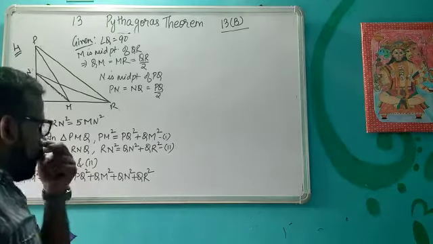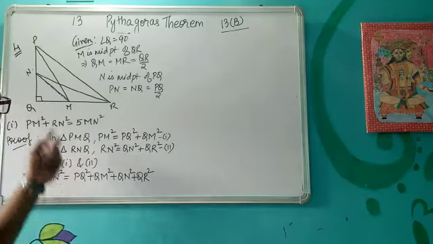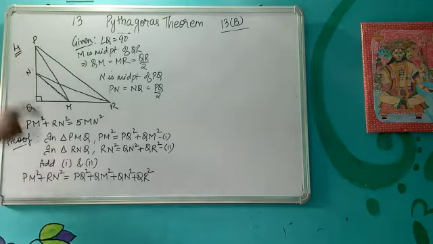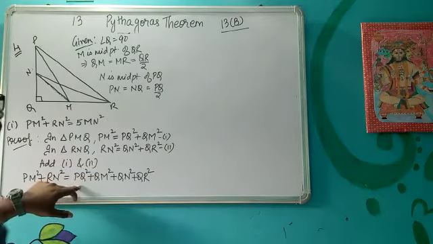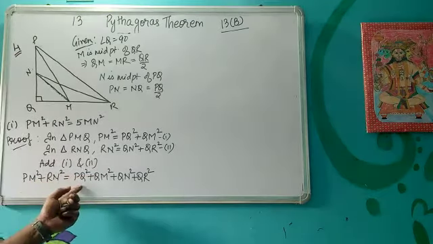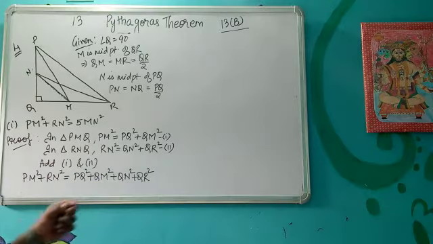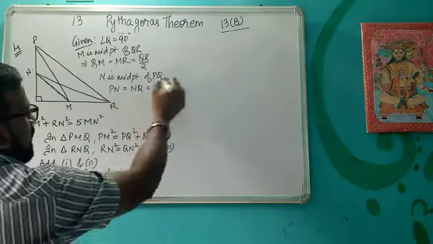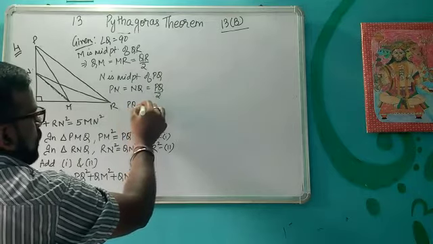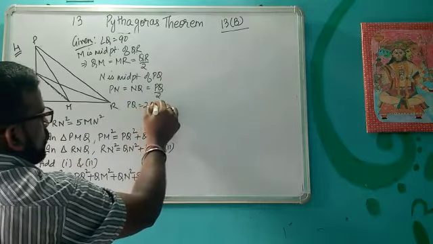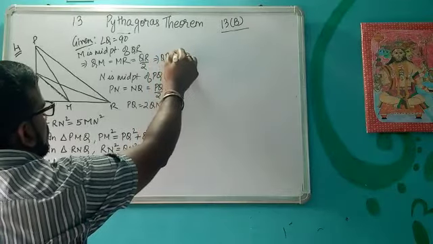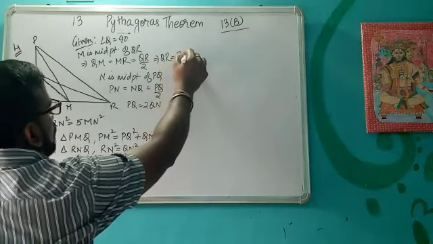Now see, this is PQ, and what we need is QN. So I will replace PQ as 2 into QN. So from here we get PQ equal to 2 QN, and QR equal to 2 QM.